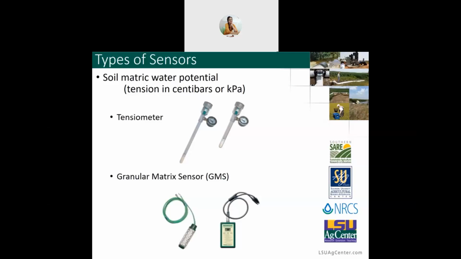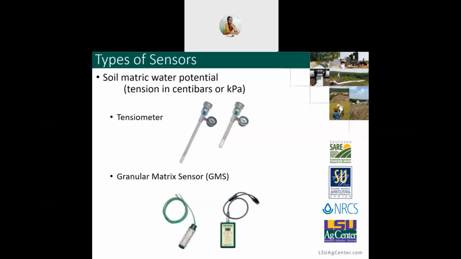The first one I'm going to discuss is the soil matrix water potential sensor, and that can be in the form of a tensiometer, which really isn't a sensor, but it kind of does the same thing as the sensors we're going to talk about.